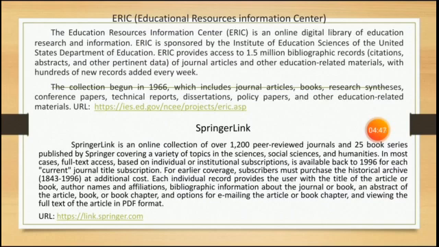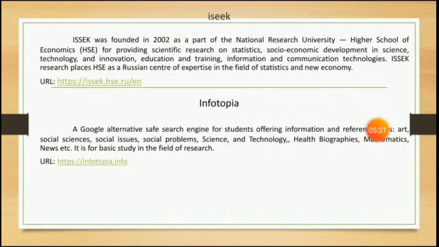For earlier coverage, subscribers must purchase the historical archives from 1843 to 1996 at additional cost. So one can have data from before 1966 also from SpringerLink, with additional cost. Each individual record provides the title of the article or book, author name, affiliation, and bibliographic information about the journal or book. So detailed information is given, and the full text of the article is also available in PDF format.